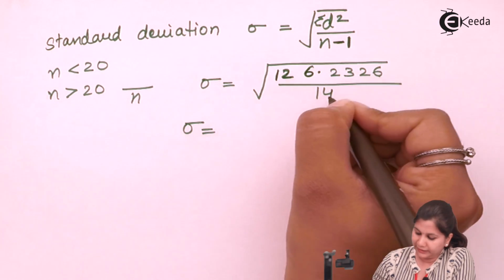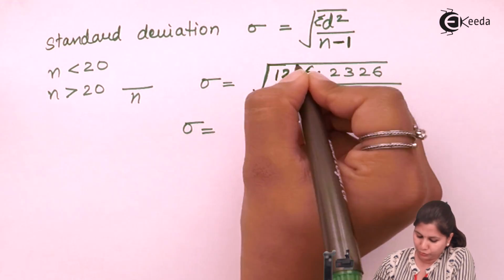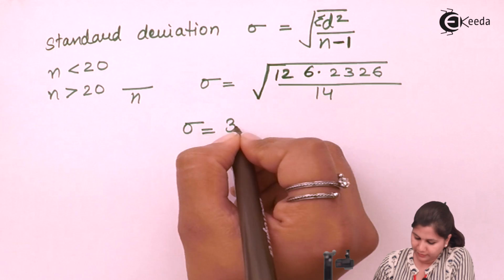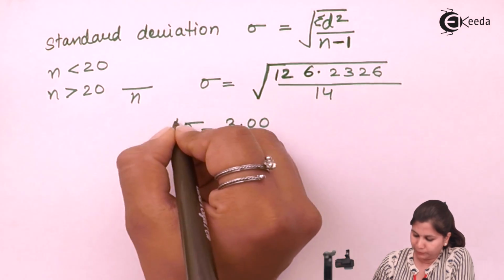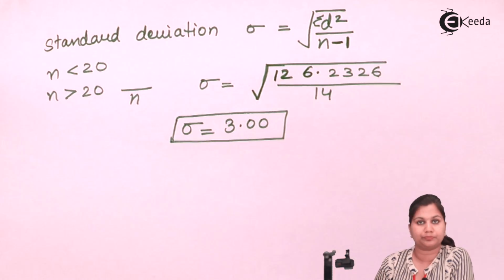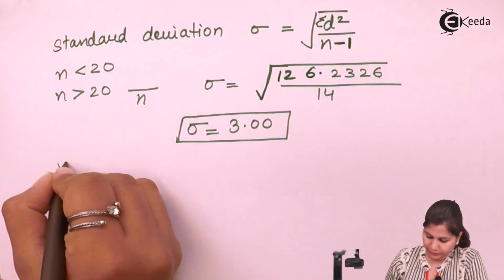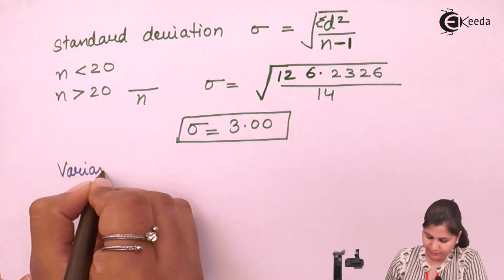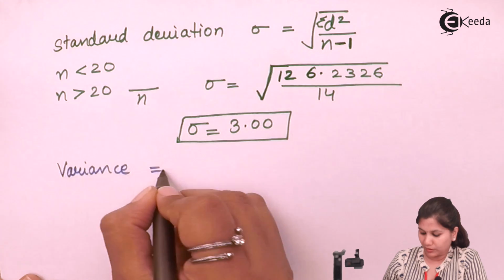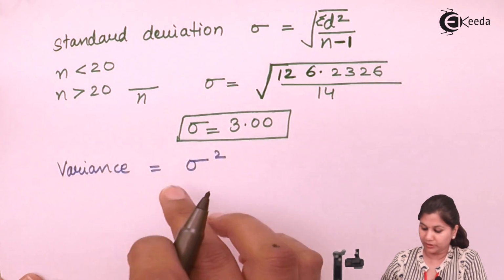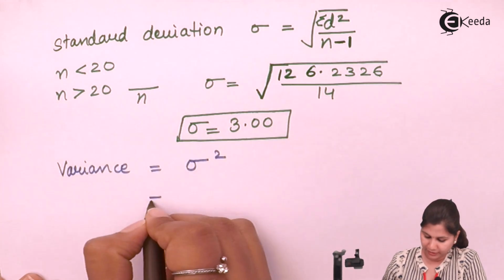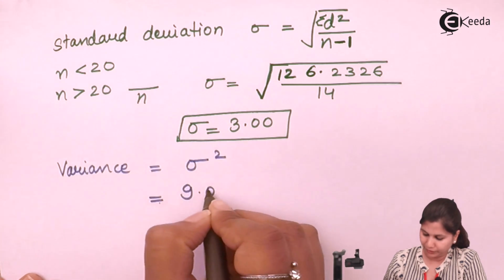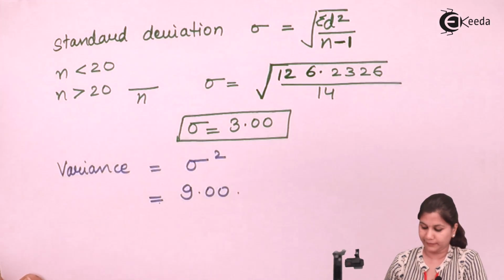When we divide it and take the square root of it, we will get the value 3.00. Next we have to calculate the variance. Variance is sigma square, so we take the square of the standard deviation. It will be 9.00.